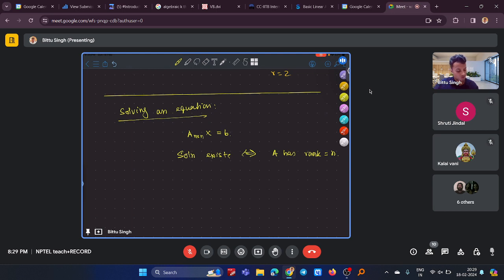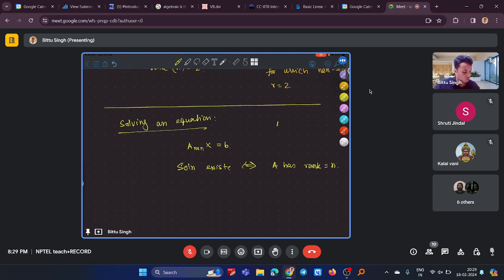Because the fact is, suppose A has rank n minus 1. Then clearly, though A has rank n minus 1, when B is non-zero, the augmented matrix [A, B] has rank n.